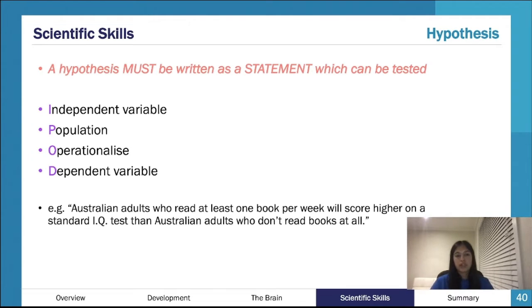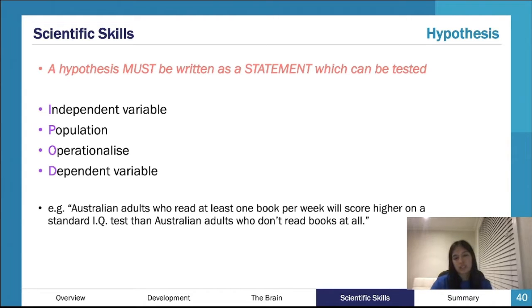Are you doing it in women that have dementia? There are so many different populations. If you exclude population, it is almost unhelpful because you don't know who you're going to apply this to. You don't know who you're going to generalize the results to. So it's really, really important to outline your population. And it can be really broad: Australians, Victorians. It can be really big, but you just have to outline it.